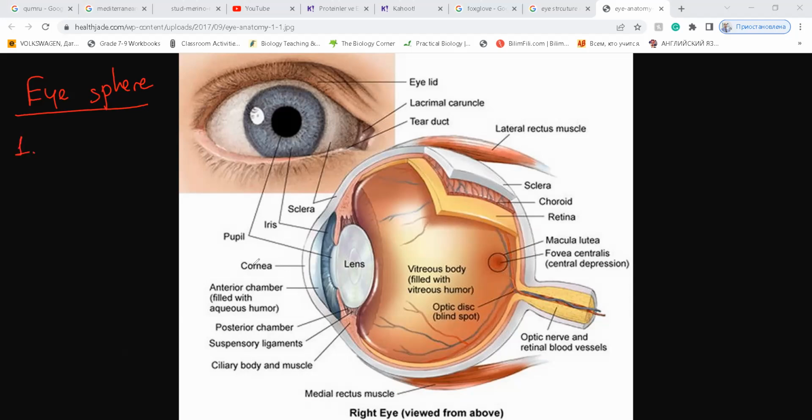The outermost layer in the book is conjunctiva. Conjunctiva is a special layer on the cornea. In this picture, we don't have it. So if I draw, it will be like this, guys. On the cornea, we have a special film layer. That's conjunctiva.